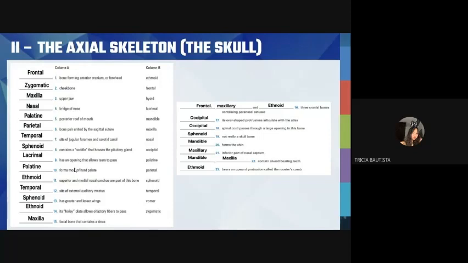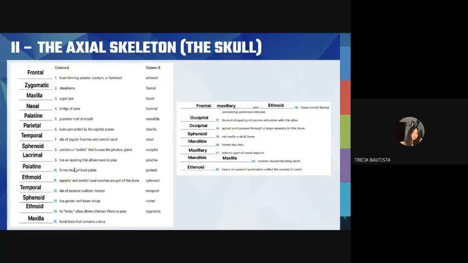It is the parietal. Number 7, site of jugular foramen and carotid canal. It is the temporal. Number 8, contains a saddle that houses the pituitary gland. Our keyword is sphenoid. Number 9, has an opening that allows tears to pass. It is the lacrimal. Number 10, forms most of the hard palate.